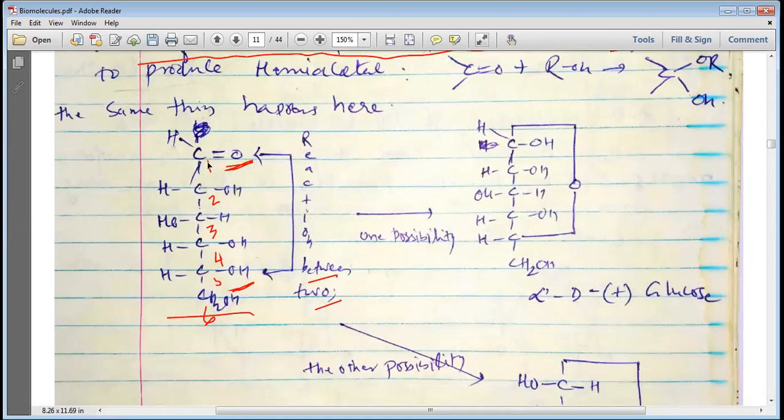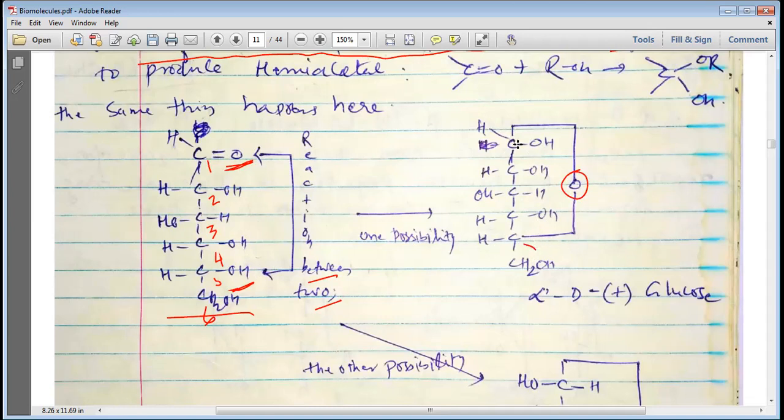The reaction between the first carbon and the fifth carbon takes place, and thus the first carbon gets an extra bond, the linkage via oxygen. This oxygen gets another bond, and thus the first and fifth carbons are linked through the oxygen.